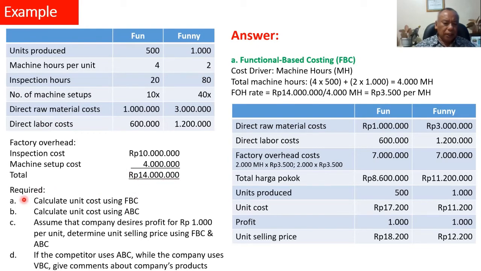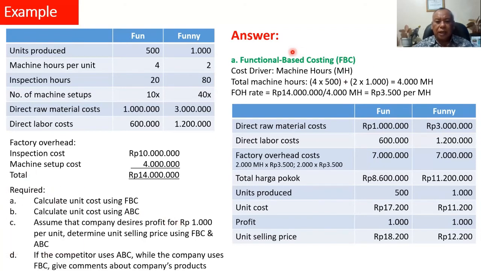The questions: calculate the unit cost using functional-based costing; calculate the unit cost using activity-based costing; assuming the company desires a profit of 1,000 per unit, determine the unit selling price using functional-based costing and activity-based costing. Question D: if the competitor uses activity-based costing while the company uses functional-based costing, give comments about the company's products.